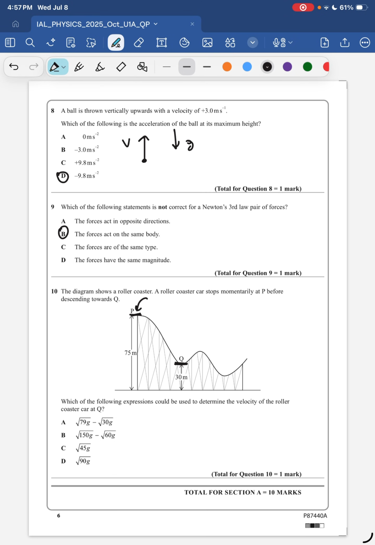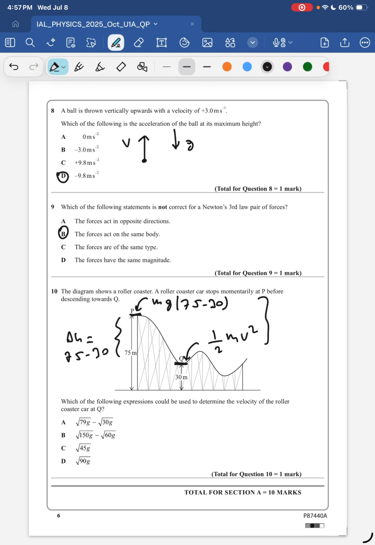At P, we have a potential energy of mg times delta H, and delta H is simply 75 minus 30, right? So mg times 75 minus 30 will be equal to the kinetic energy at Q, where the potential energy is 0, so we will have 1/2 mv squared, right? And these two should be equal.